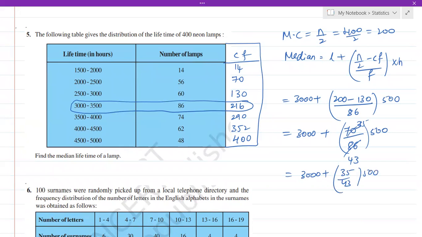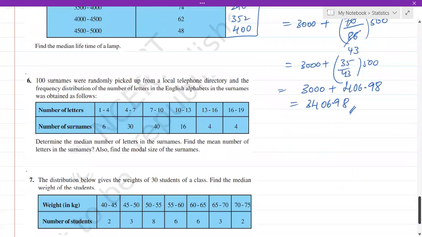So 35 by 43 into 500, we get around 407. Okay, 3000 plus 406.98, roughly. So if you add it, it will become 3406.98. Okay, so this is how we find the median. Let's get into the next question.